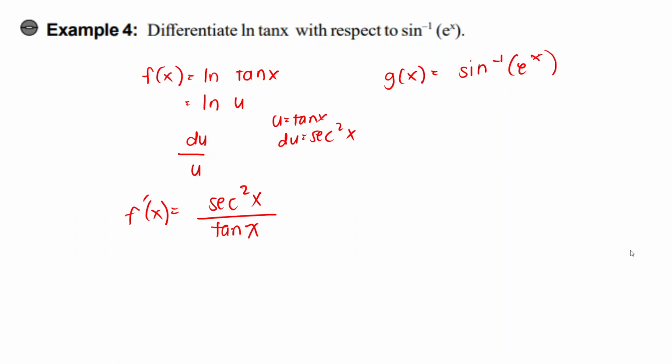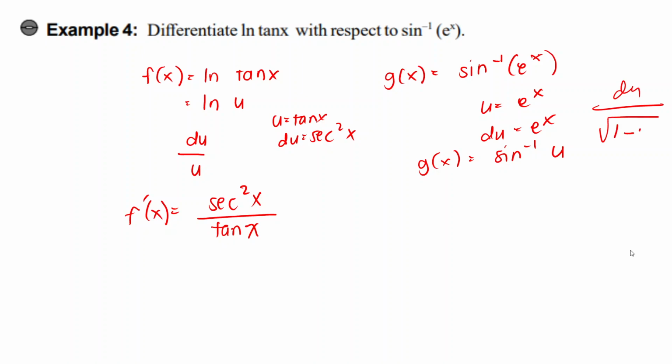For g of x, we set u as e to the x, so du is also e to the x. The inverse sine of u has derivative du over square root of 1 minus u squared.